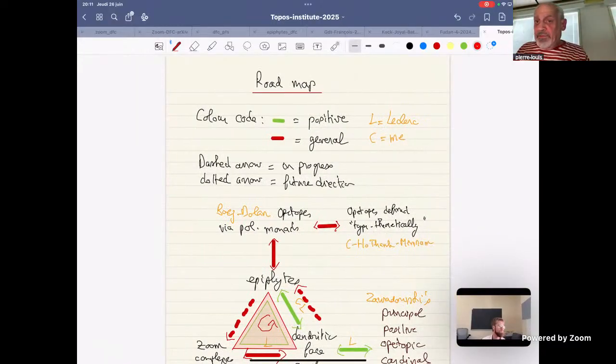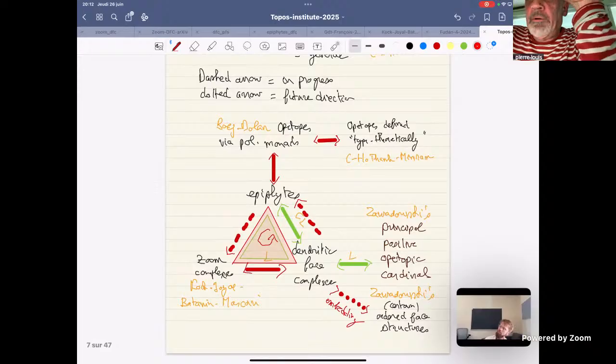So now we want to describe those shapes. Okay, so the origin of those shapes comes from a work by Baez and Dolan. It's already quite old, maybe 40 years ago or something like that, maybe a bit less. And they have been studied in various contexts by different people.